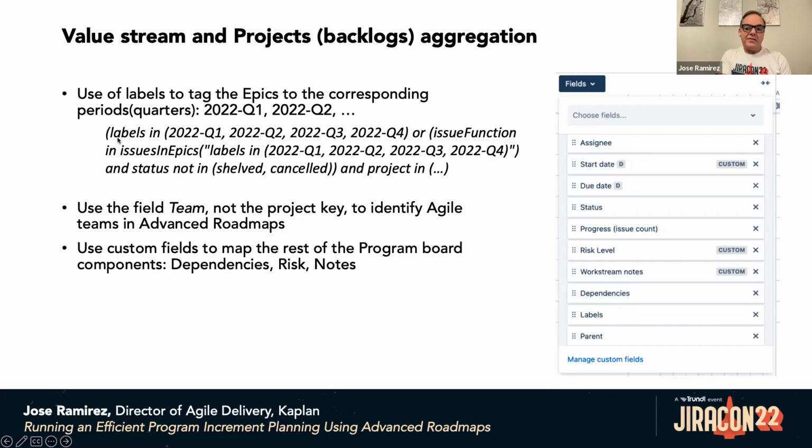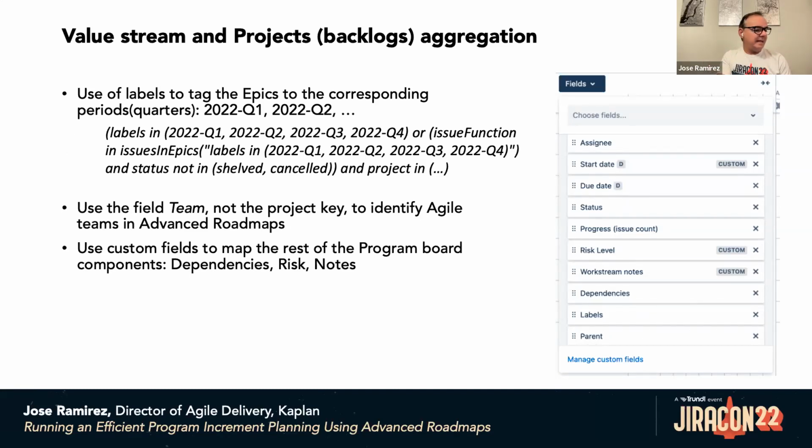But for example, you can have filters that say labels in 2022 Q4 and issues that are in Epic labels with 2022 Q4. In this case, we're excluding shelf and cancel issues, but you can come up with all the statuses. So the important concept here is the use of the labels.